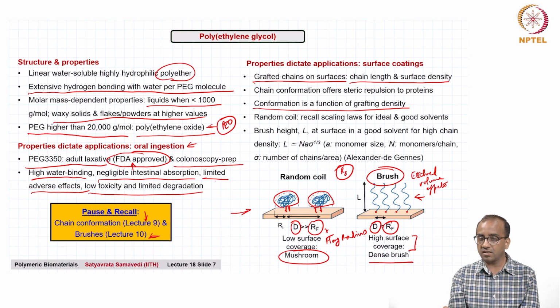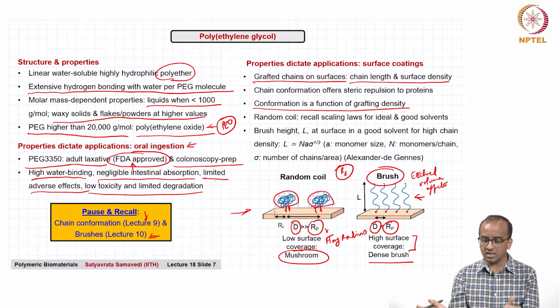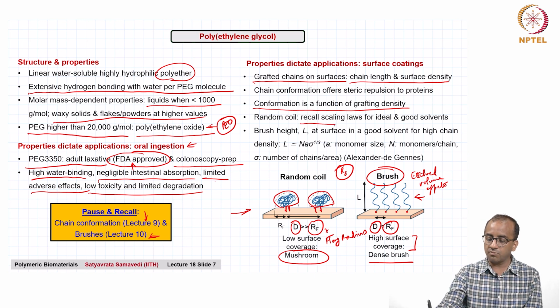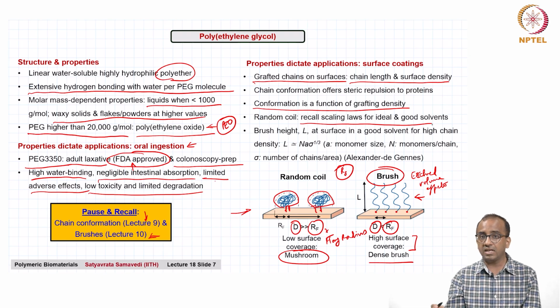So, you see, intrinsically we are not saying anything about how PEG will behave on a surface, it depends on how they are grafted. So, two different grafting densities, these are sort of the two extremes, where in one case you get the random coil conformation, where again now would be a good time to recall the scaling laws for ideal and good solvents that we have seen earlier.